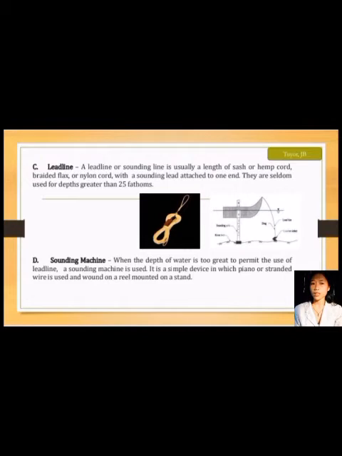And the depth of water is measured by the length of wire run out and is indicated by a recording device on the registering sheave. And the weight of the lead used with a sounding machine may be between 6 and 12 kilograms for depths from 15 to 100 fathoms or 100 feet, and a 16-kilogram lead is used for depths up to 1,000 fathoms.